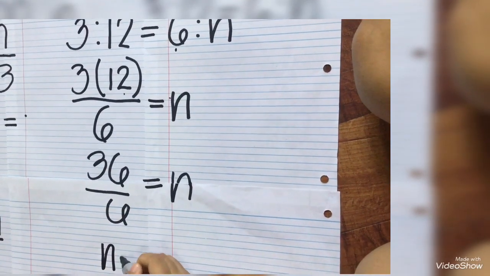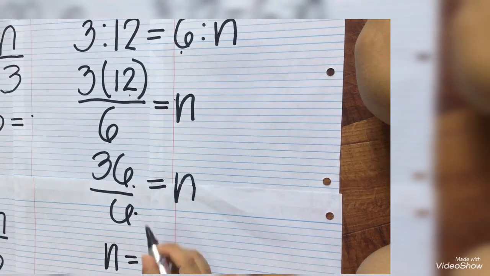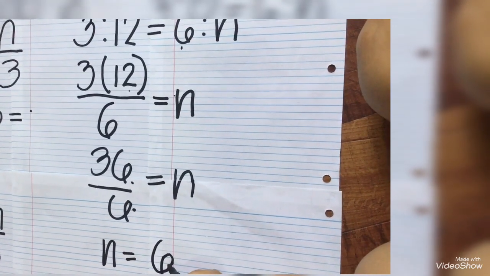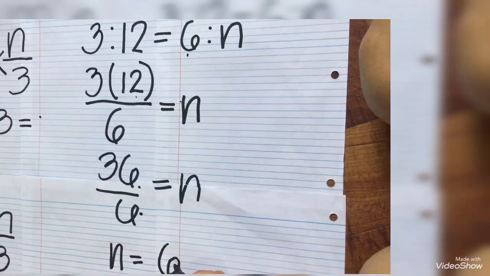N is equal to 36 divided by 6 is 6. Therefore, 6 workers can build a wall in 6 hours.